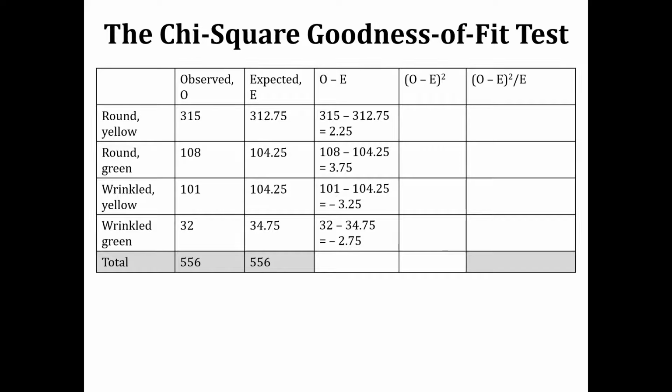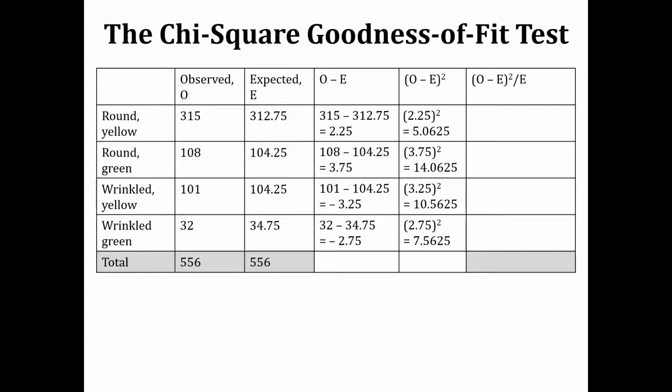And what is the next step? To take the square of these values: the square of 2.25 for round yellow, and the square of 3.75 for round green.